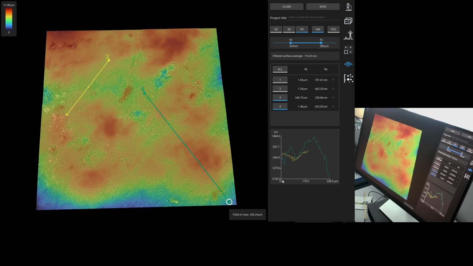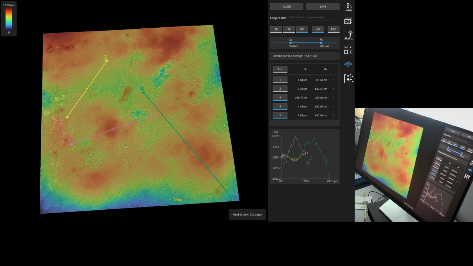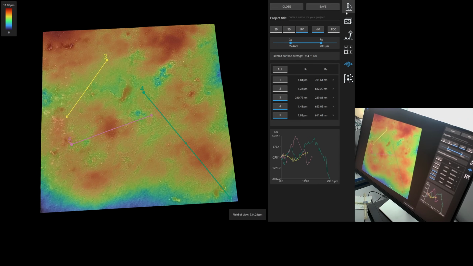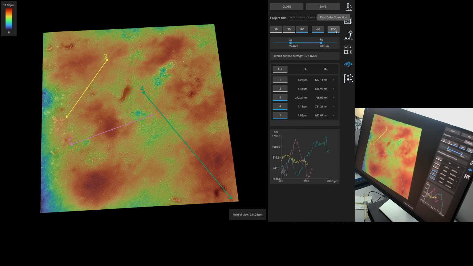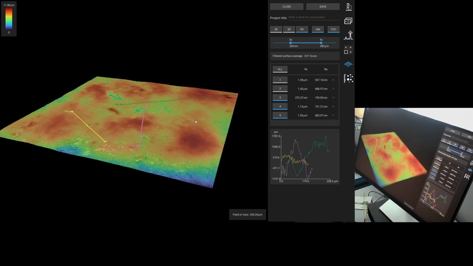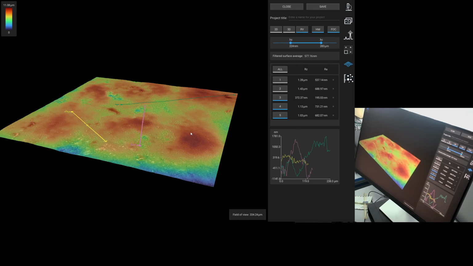That's minus 2182 to 1444. So that's 3.5 microns. Yeah, I think mostly it's very flat. I think we can safely assume. Okay, right. Yeah.